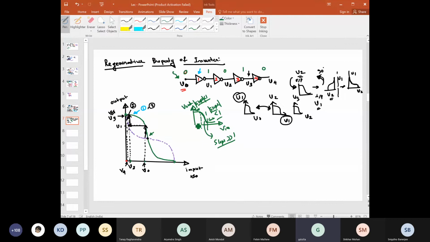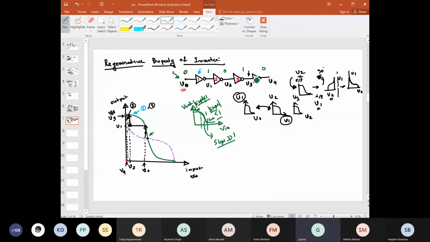With this you have understood how this configuration, when you have repeated gates and a single noise source, can eliminate noise as the signals pass through similar gates, right? We are discussing the inverter now, so we have illustrated it using an inverter, but it can be any other gate.